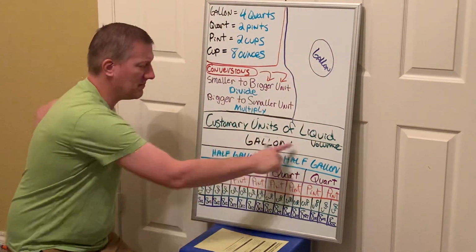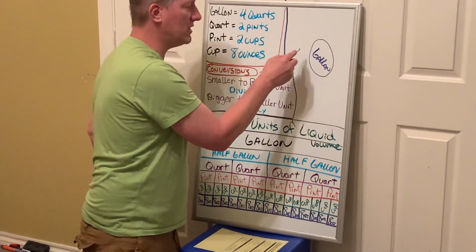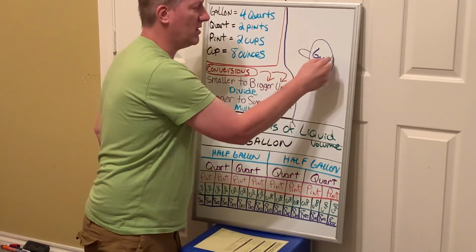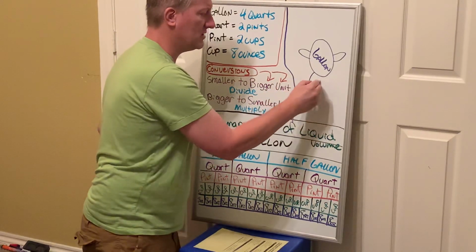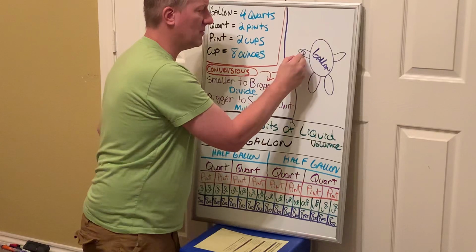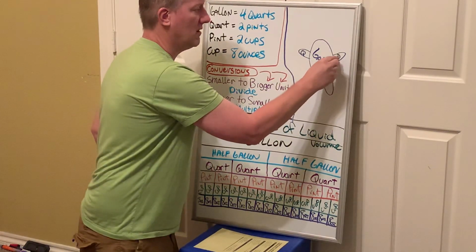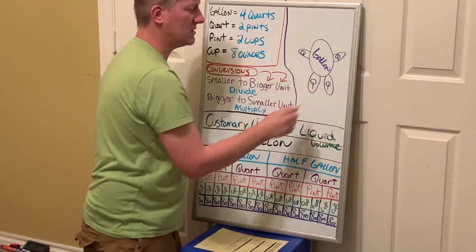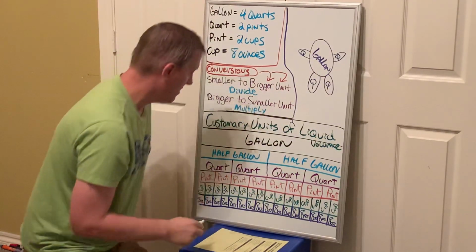Then we have 4 quarts. Here's 1 quart, here's another quart, here's another quart, and here's another quart. I'm just going to abbreviate and put a Q in there for quart. So 4 quarts are in a gallon.